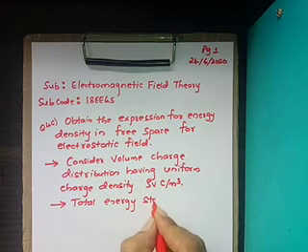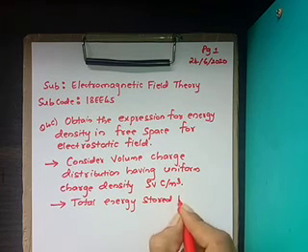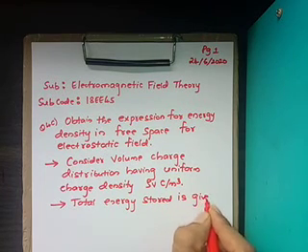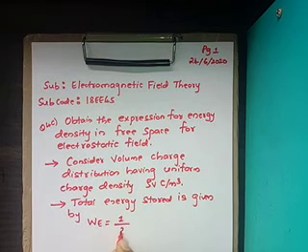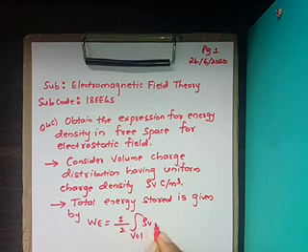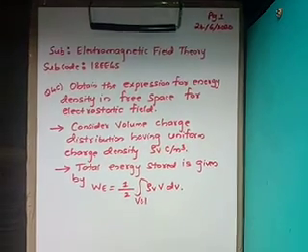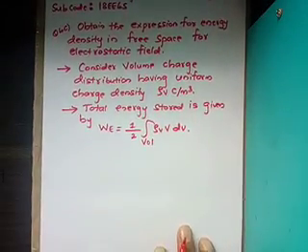is given by the equation WE is equal to, we know the equation is 1/2 volume integral rho v dV, right? W is equal to 1/2 volume integral rho v dV.